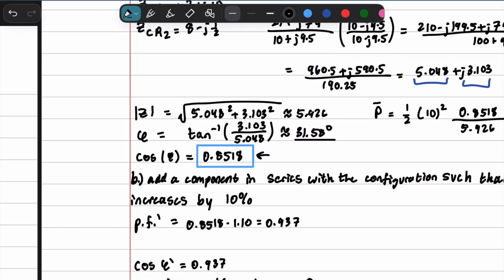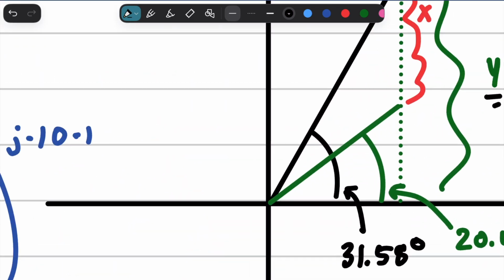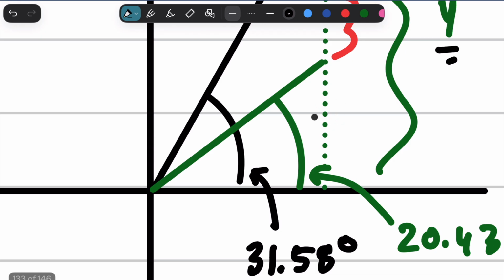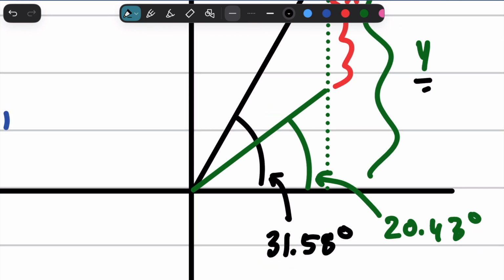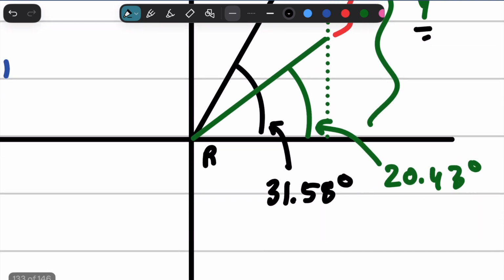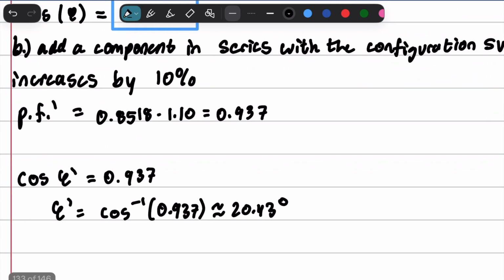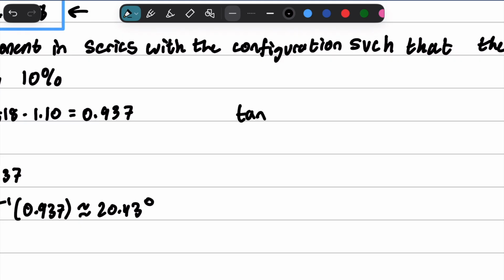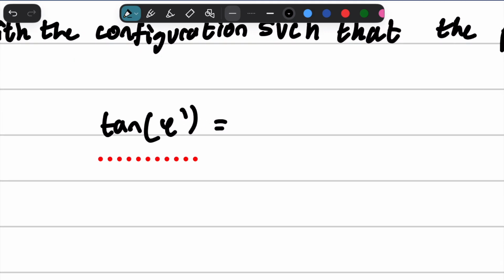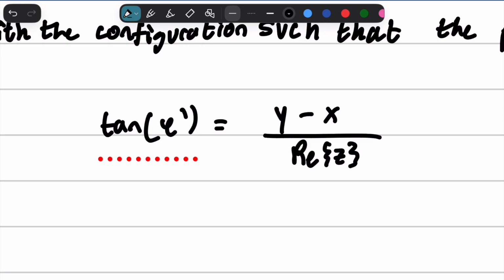So we can set up our tangent relation, which is the opposite right here, and the adjacent, which is just the real part of the impedance. So we get tangent of phi prime, the new phi, is equal to the y portion minus the x portion over the real part of z.